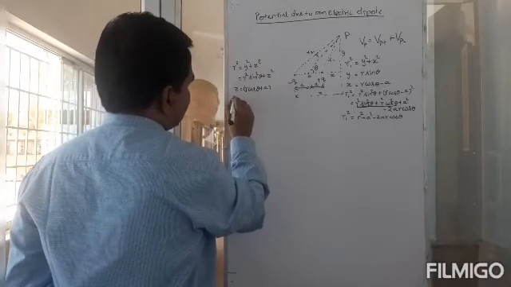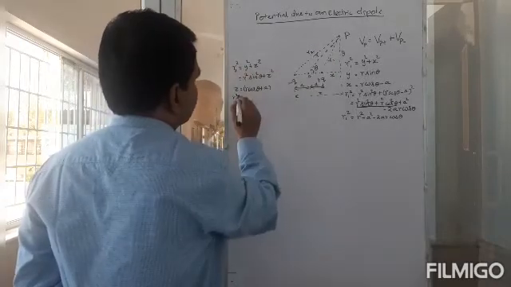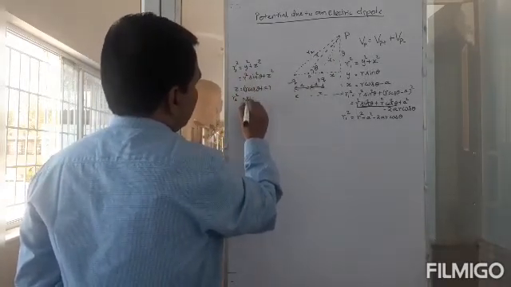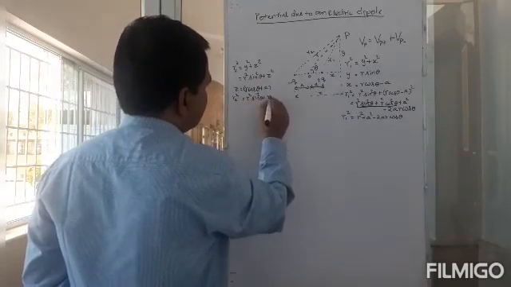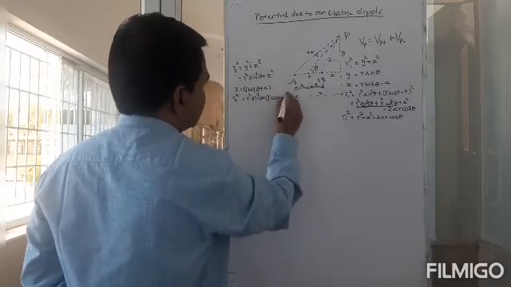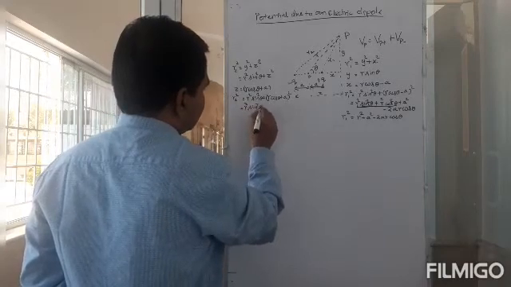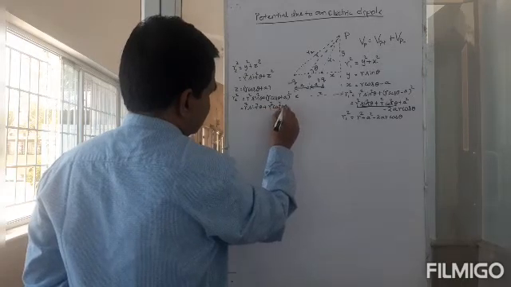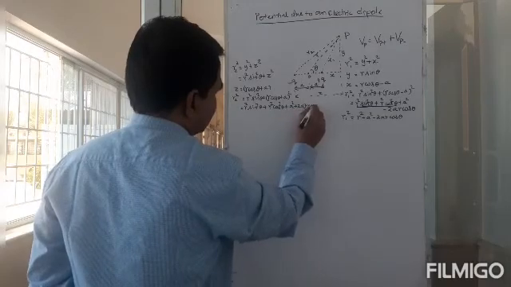So now r2 squared is equal to r squared sin squared theta plus z squared, which is r cos theta plus a, the whole square. So that gives me r squared sin squared theta plus r squared cos squared theta plus a squared plus 2ar cos theta.